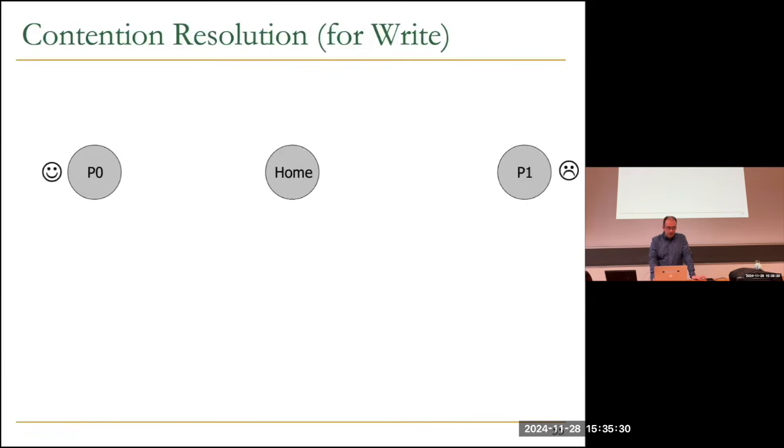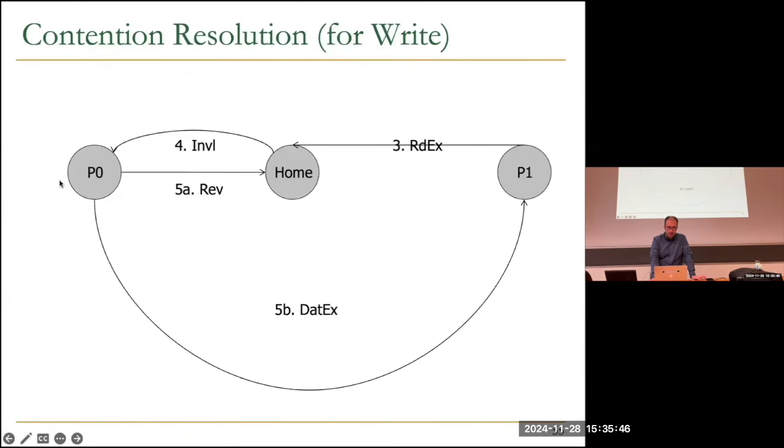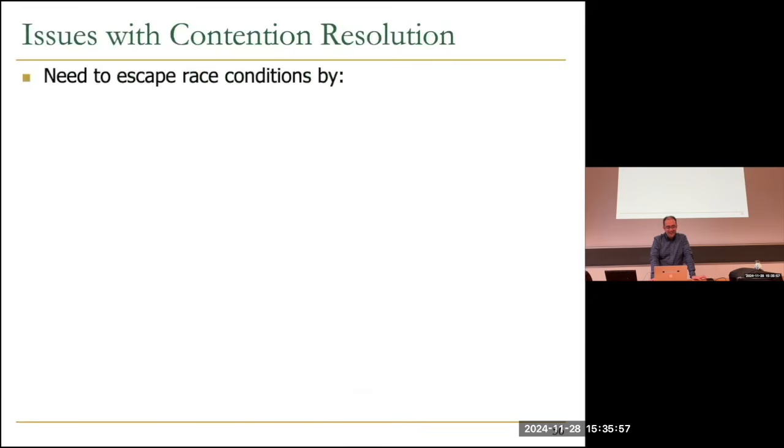That makes processor 0 happy and processor 1 unhappy. But at some point, processor 1 repeats its request, read exclusive, to the home directory. The home directory sends invalidate to processor 0 and supplies data to P1. Sounds good, right? And P1 is eventually happy.